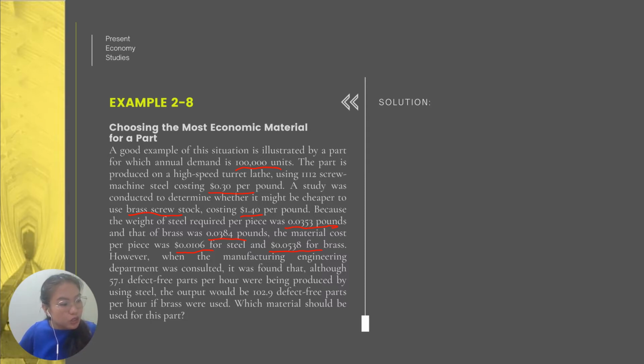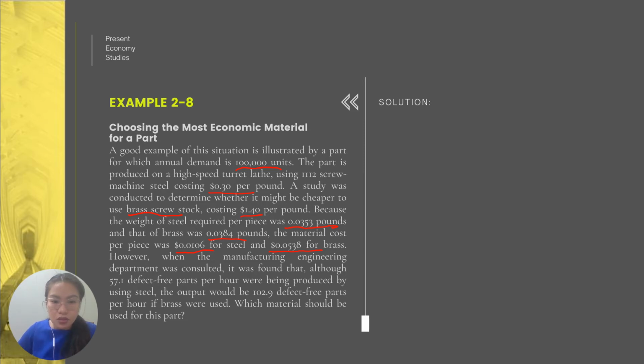However, when the manufacturing engineering department was consulted, it was found that although 57.1 defect-free parts per hour were being produced using steel, the output would be 102.9 defect-free parts per hour if brass were used.